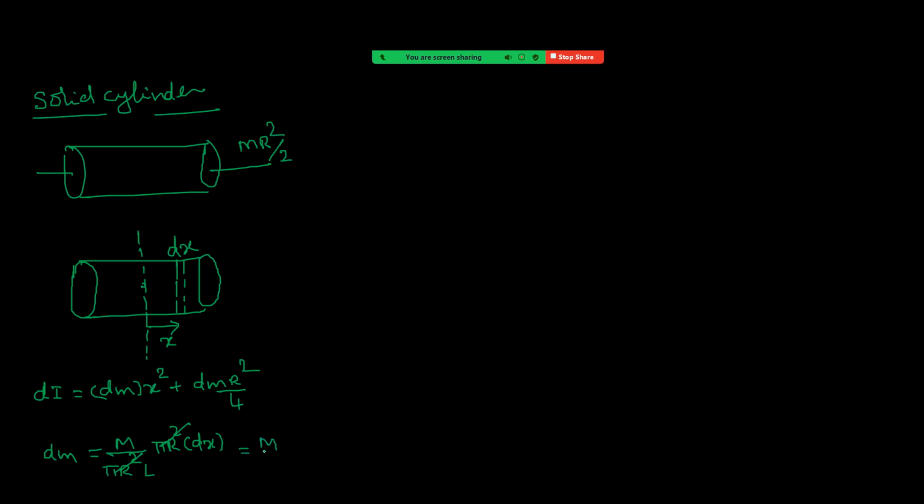This is now m by L into dx. Right? So almost the same calculation. Now integrate. So I equal to integral dm into r square by 4 plus m by L into dx into x square.